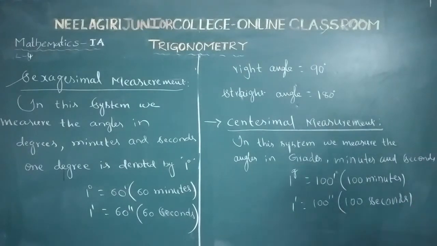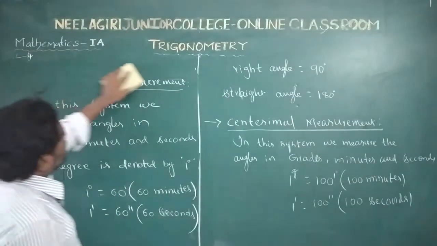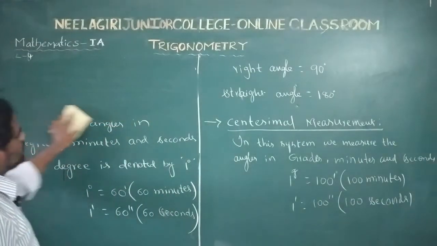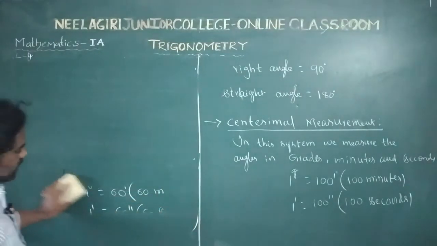In this system, a right angle equals 100 grades.